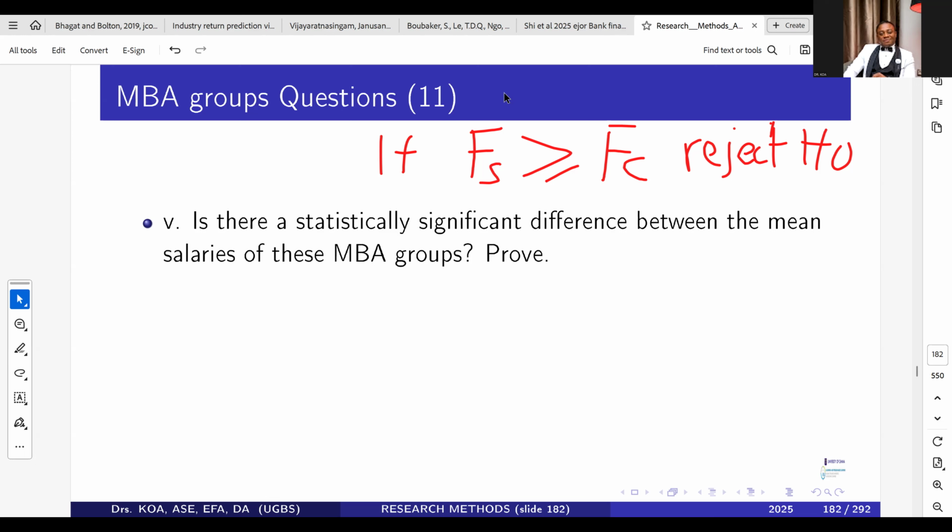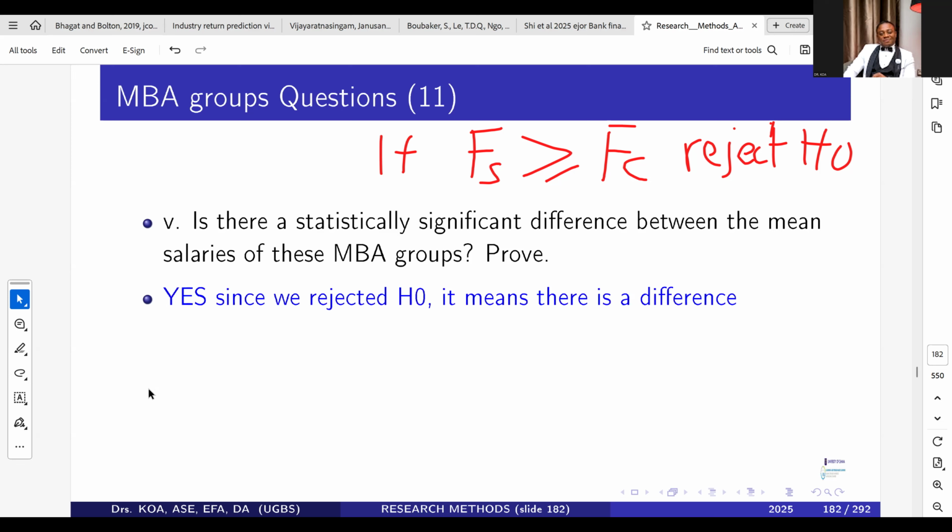We have enough information to reject what the null is saying, because the test statistic is bigger than the critical value. The null was saying the salaries are all the same. Now, checking what you have, the salaries are not the same. There is a clear difference in the mean salaries across these three MBA groups.